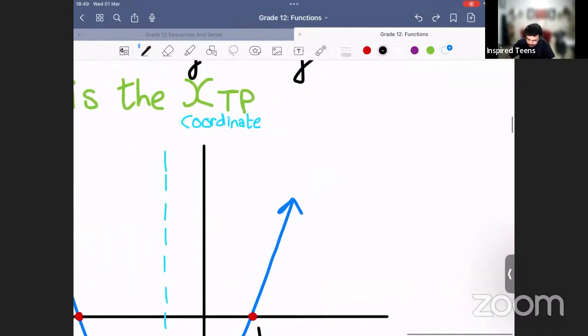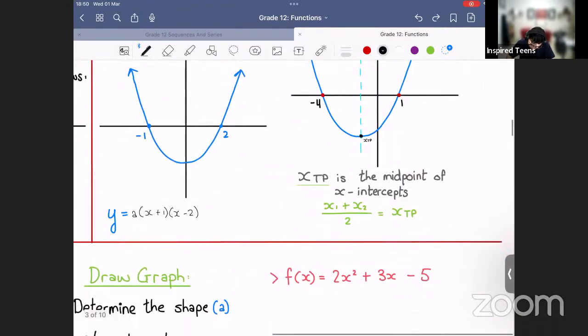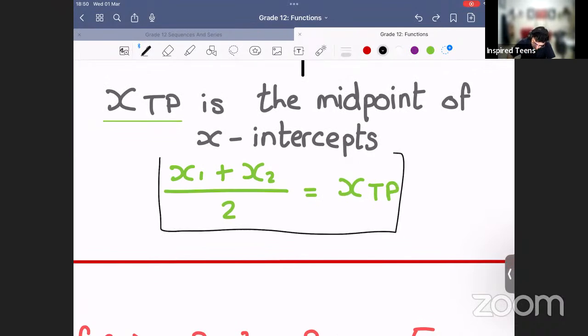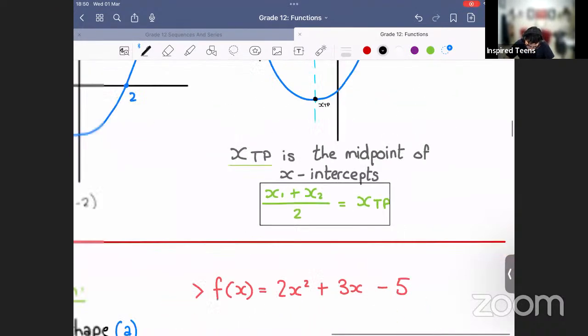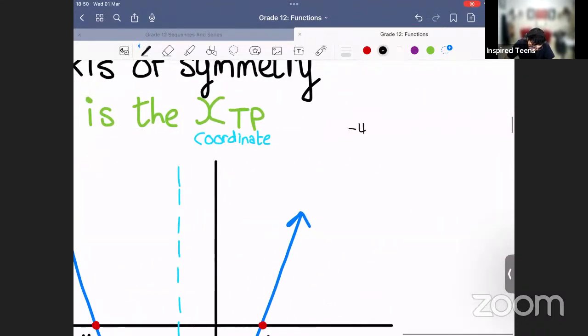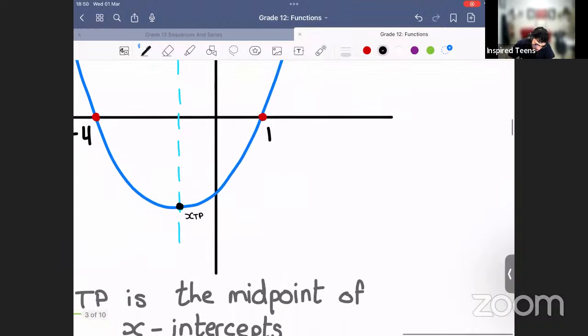We're not going to do y, we're just going to do x because we're finding the midpoint of the x coordinates. So x1 plus x2 over 2 gives us the x turning point. It's an easy way to calculate it. So -4 plus 1 over 2 is equal to -3 over 2. So this x turning point has an x coordinate of -3 over 2 and some negative y coordinate.